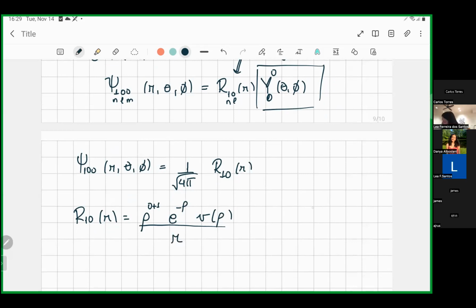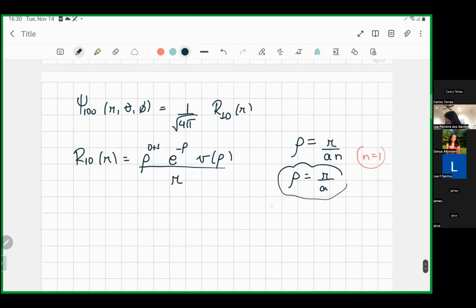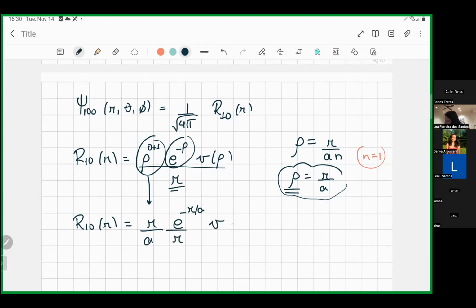Okay. Remember what we wrote above, that rho is kappa r. So it's r over a n. But here we are thinking about the ground state. So that means that our rho is r over a. And this is what we are going to be putting in the equation. So the solution, the radial part, I'm going to put this rho as r over a. This is what I wrote here. Exponential, this part here, exponential of minus r over a. There is this r here, and there is the V, which we'll have to find.